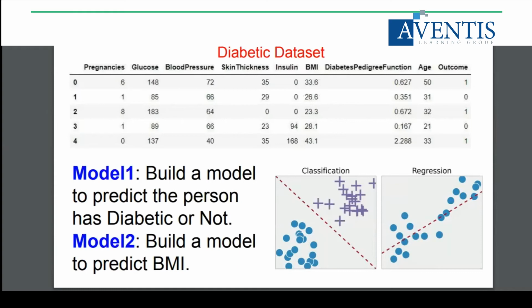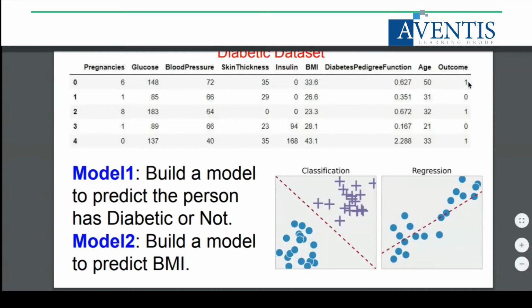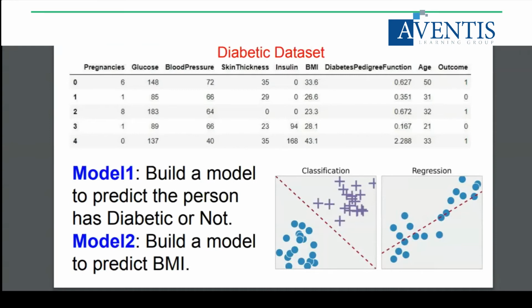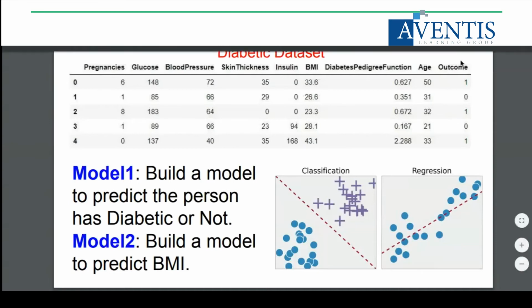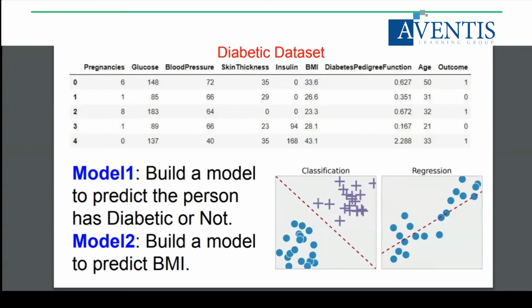So this kind of data is called categorical data. So when our outcome, or our predictive column, is categorical data, discrete values, for this kind of question, we need to build a classification model.